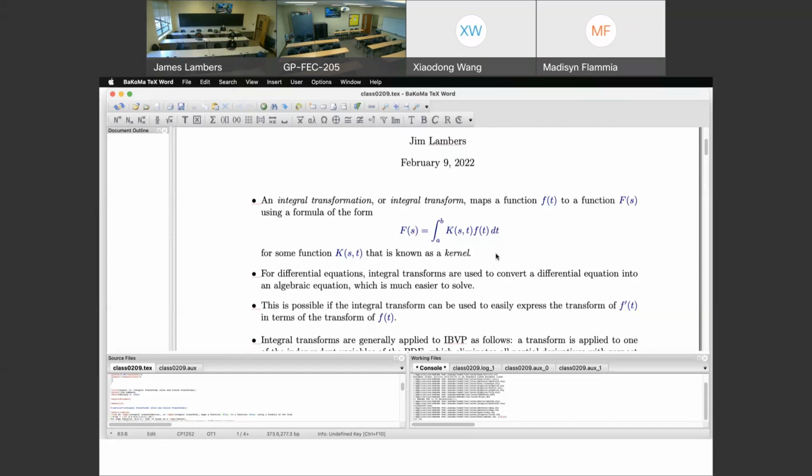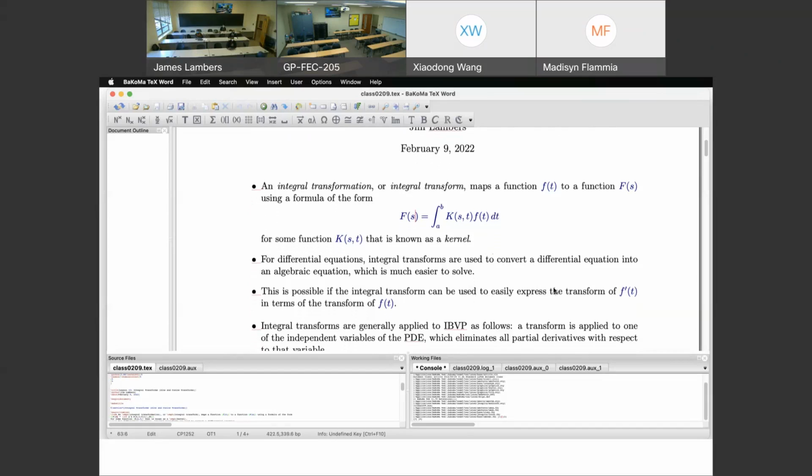Now, the only time integral transforms can do that is if it's possible to express the transform of a derivative in terms of a transform of the original. What you saw when you learned about Laplace transforms is that actually happened. For example, if you're transforming the second derivative of a function f of t, your transform was s squared capital F of s, where capital F is a transform of little f, and then there were some additional terms.